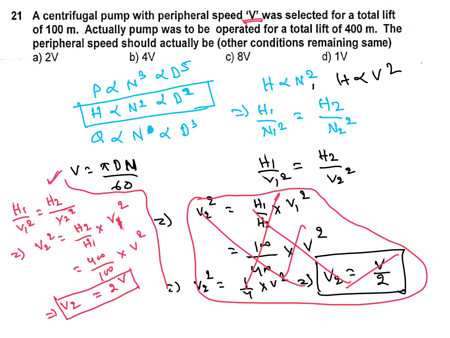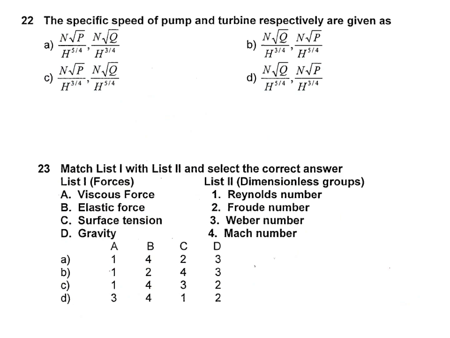The specific speed of pump and turbine respectively are given as: specific speed of pump Ns is N root Q by H to the power 3 by 4. Specific speed for turbine is N root P by H to the power 5 by 4.